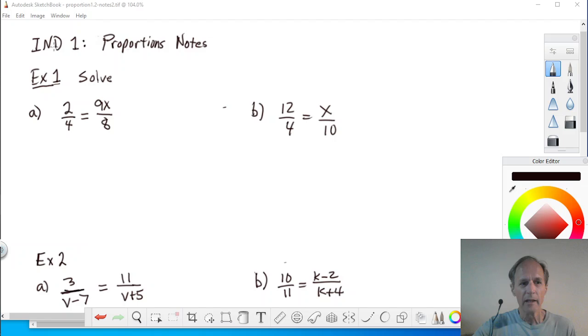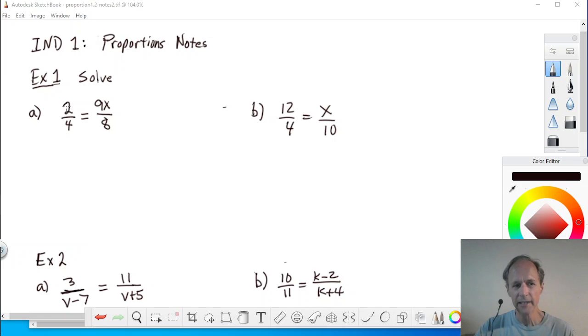So with this type of problem, there's a fairly simple trick you do at the beginning, and it turns it into a pretty ordinary linear equation solving situation. So what you always do first is you simply cross multiply.